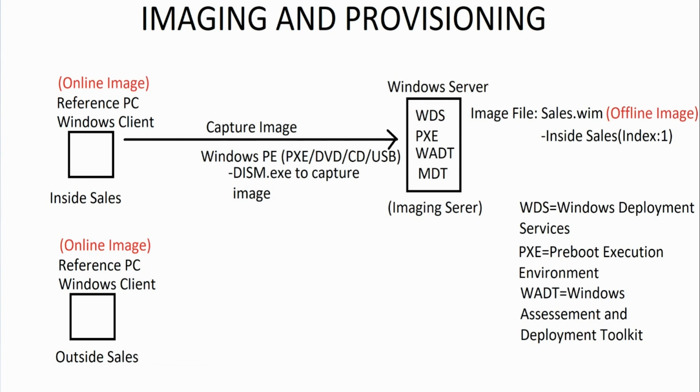Okay, and you're going to capture that image the same way, except this time you're going to tell it to store it in this file, but it'll be called outside sales. So as you can see, you've actually got two images stored inside the same image file. And what's really neat about that too is any files that are inside that sales.wim file that are the exact same file, they don't have to have multiple copies.